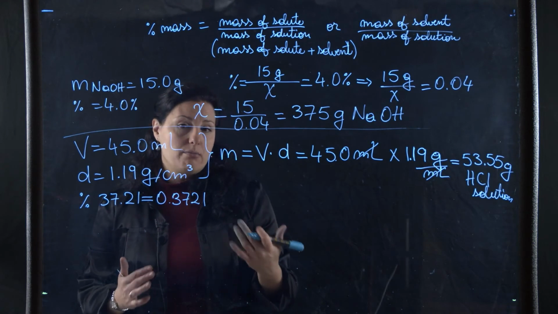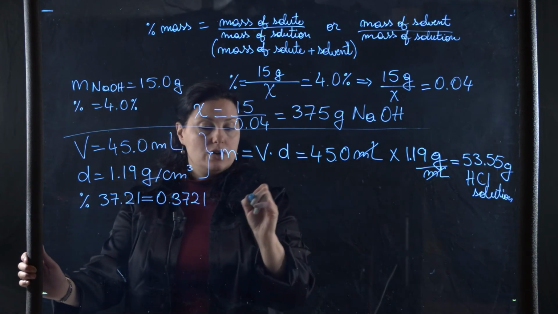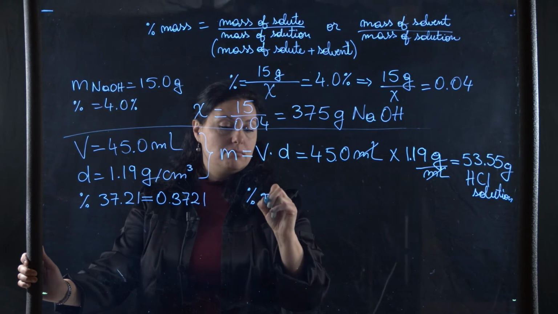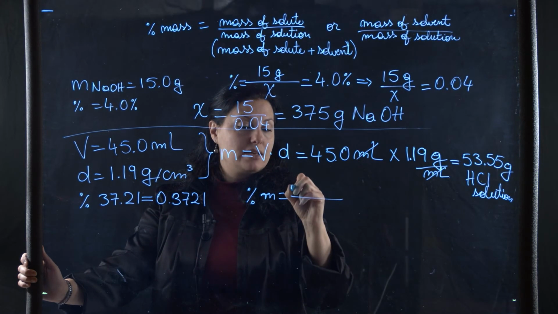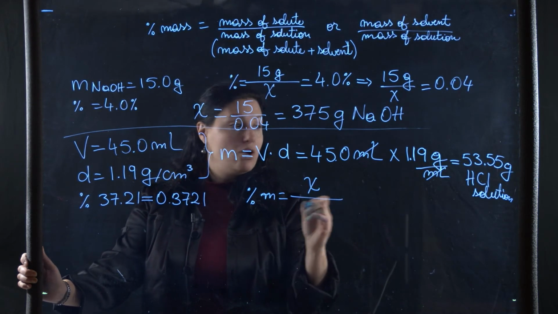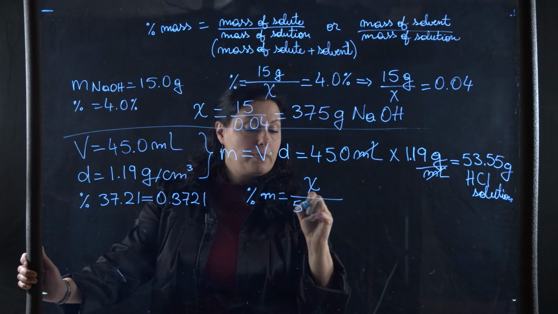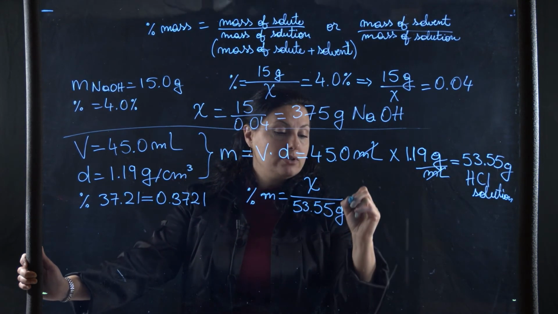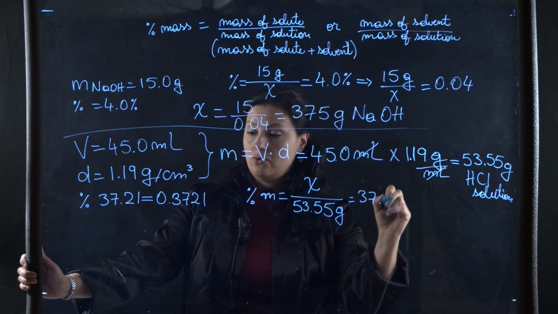Now I need to calculate the mass of the solute, which I can do. Percent by mass is equal to the mass of my solute, which I don't know, so I'll put x, over 53.55 grams, and that is equal to 37.21.